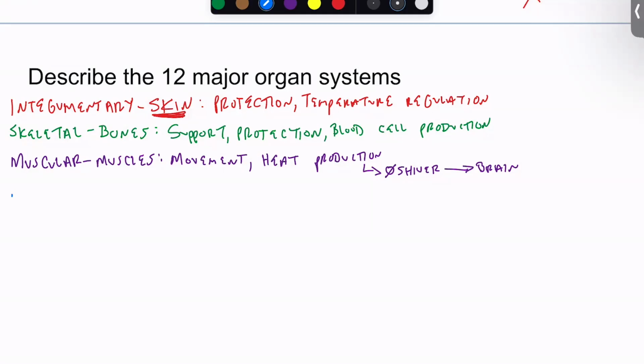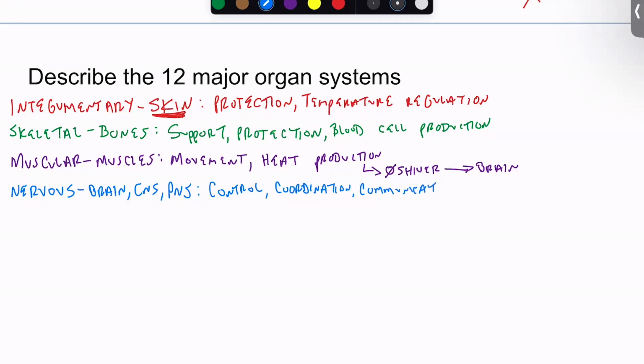Okay, next one is nervous. So our nervous system, you're going to be thinking brain, but pretty much anywhere, the CNS and the PNS. So control, because our brain controls everything. Coordination, and then also communication, not just at the cellular level between neurons, but communication in general.